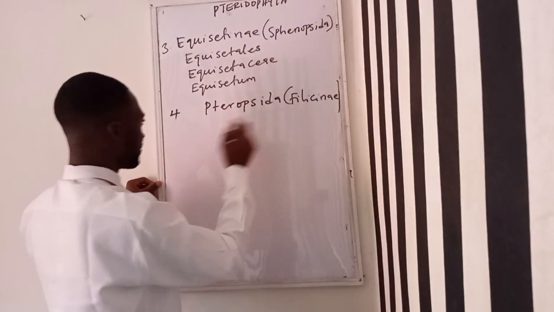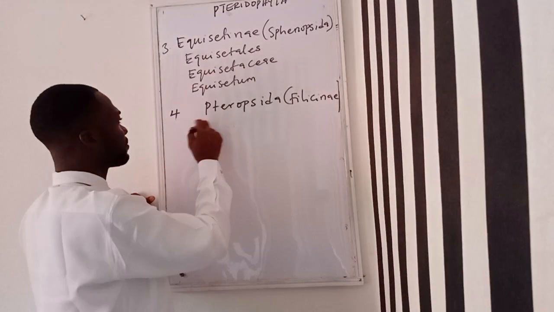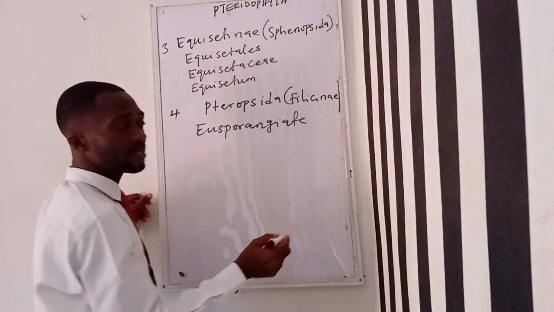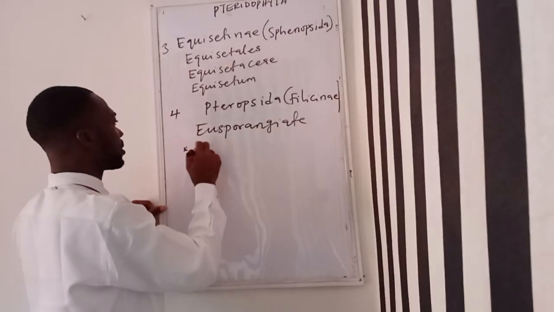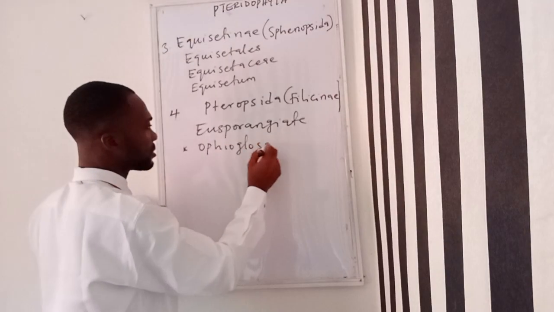So this first one that is called the Eusporangiate has three orders. We'll have the first one, the Ophioglossales.